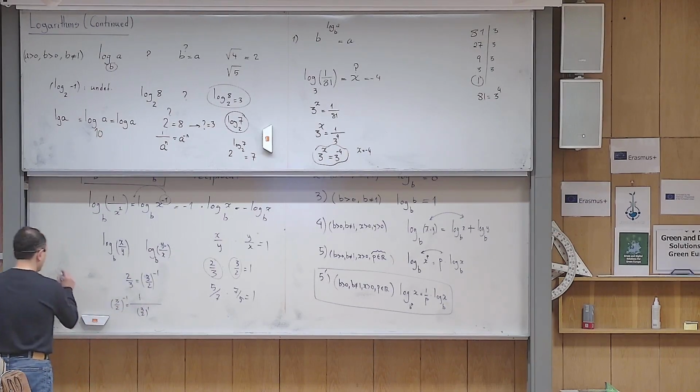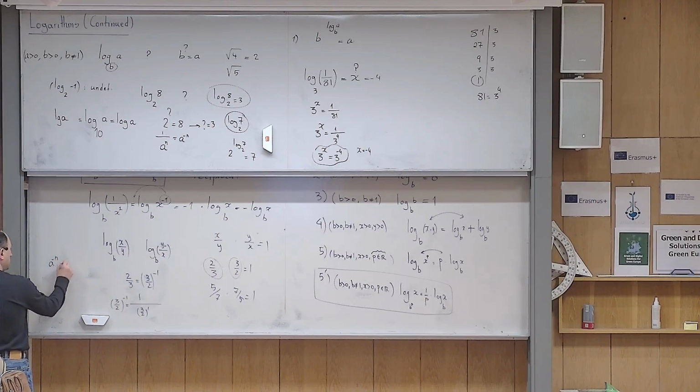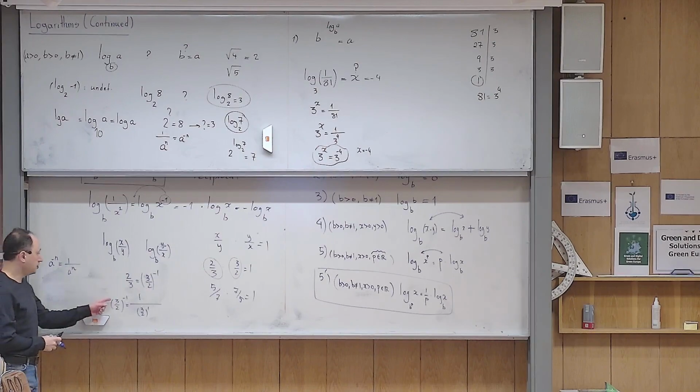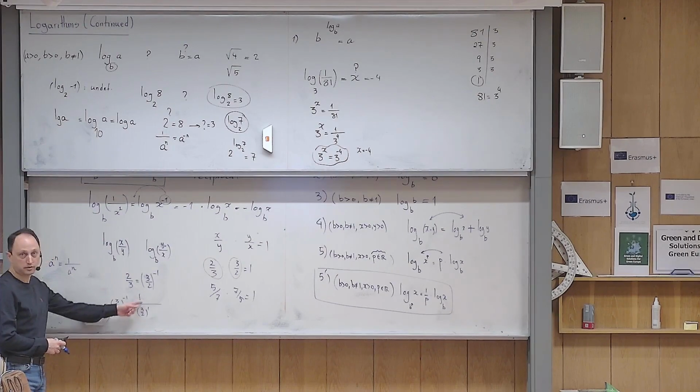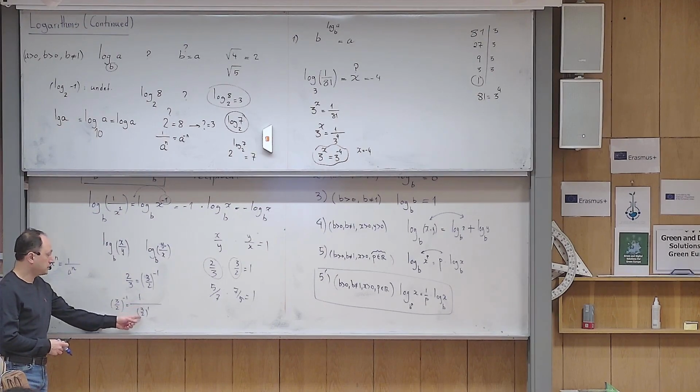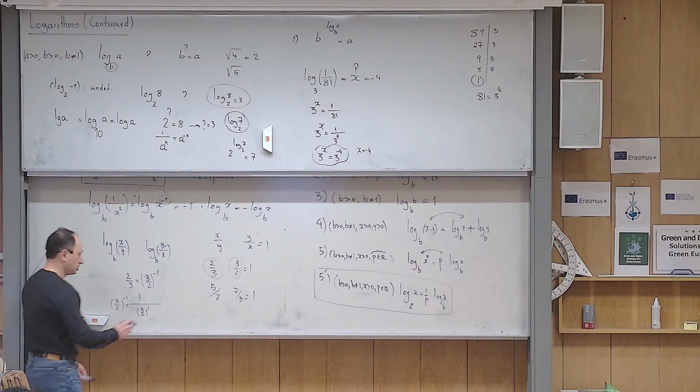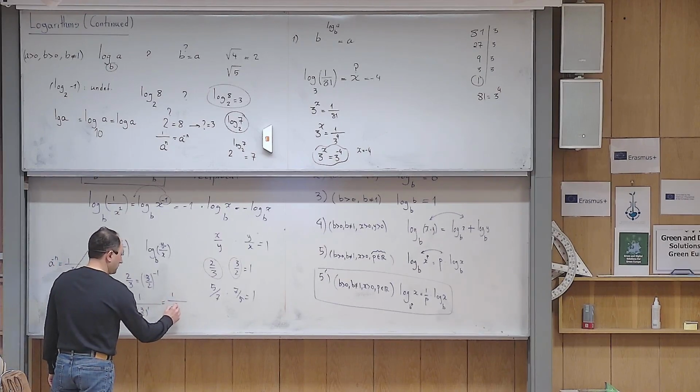You remember I told you a to the power minus n is 1 over a to the power n. So if I ask you what is 3 over 2 to the power of minus 1, you will tell me the same thing. Understandable? But 3 over 2 to the power 1 is just 3 over 2.